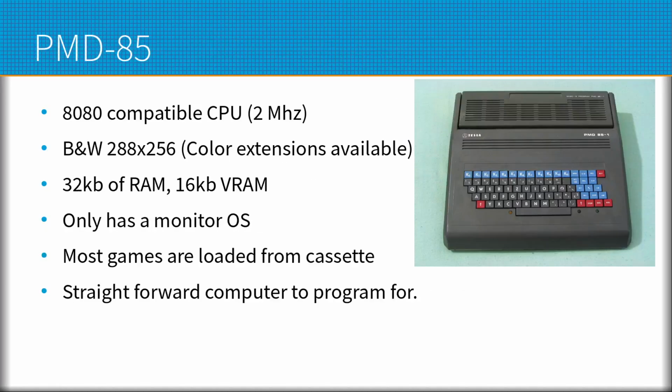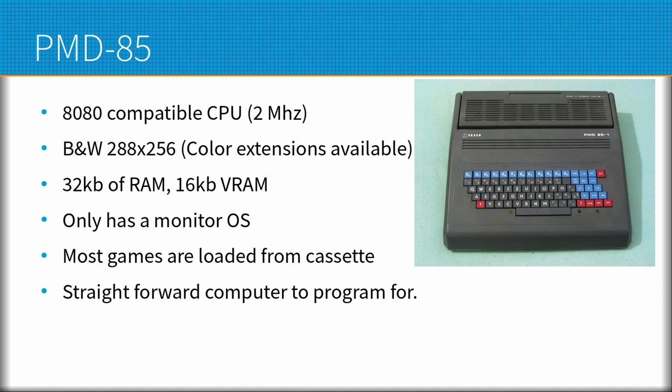So the PMD-85, again, is an Intel 8080 CPU. This time it is slower. Black and white graphics at 288 by 256, although there are actually color upgrades, which this computer does have, and my game does use as well. 32 kilobytes of RAM and 16 kilobytes of VRAM.